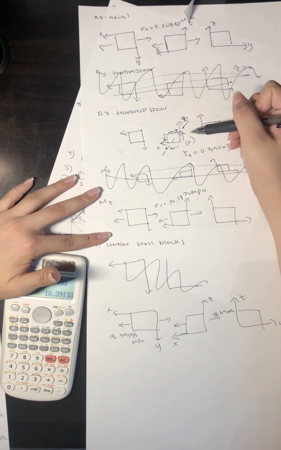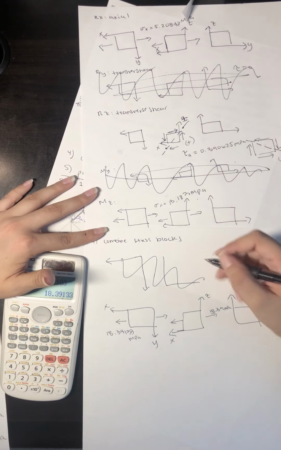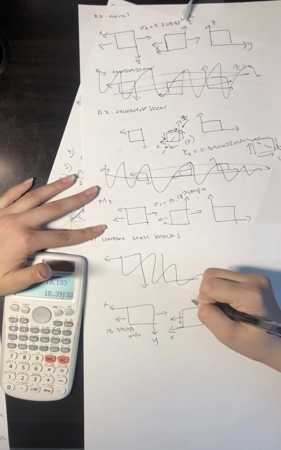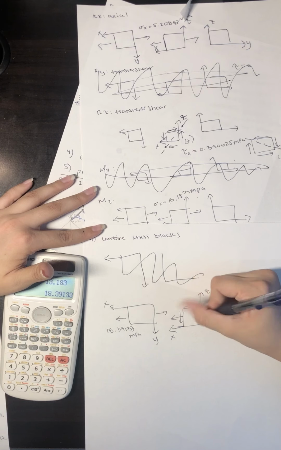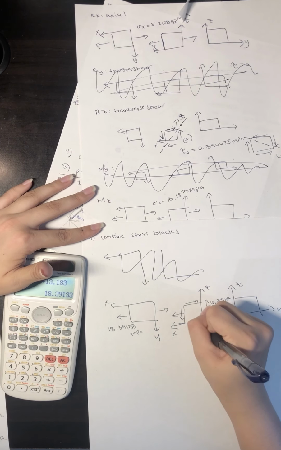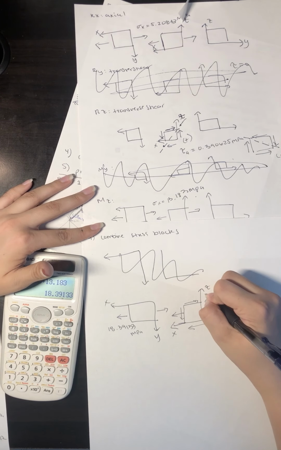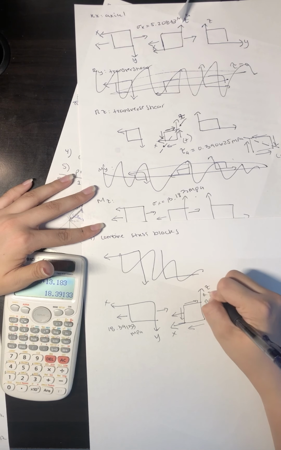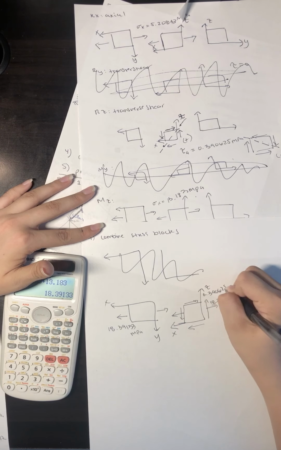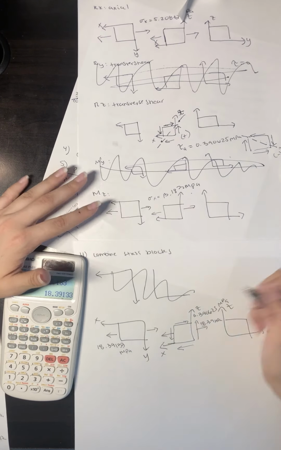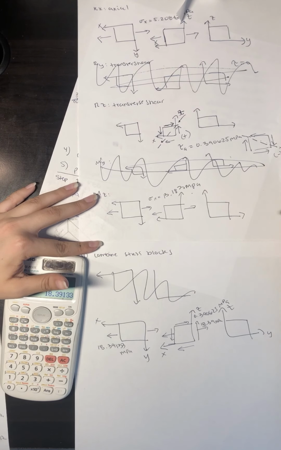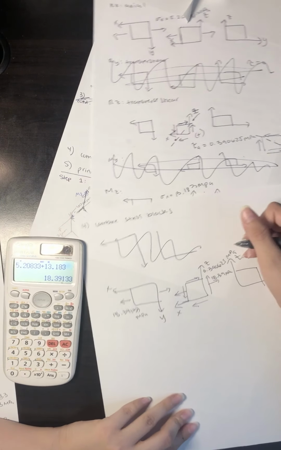But we also have this transverse shear in the xz plane, and it is positive. Transverse shear, gonna write it up here. It is 0.390625 megapascals. And if we look in the YZ plane, there's nothing, so we can ignore that.